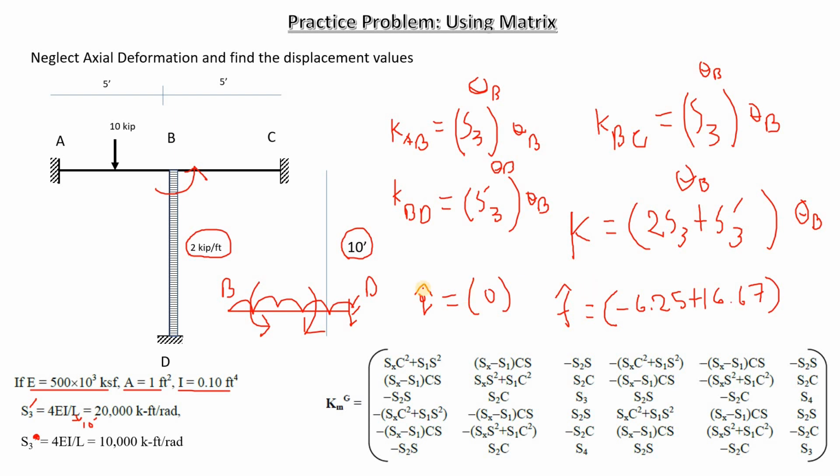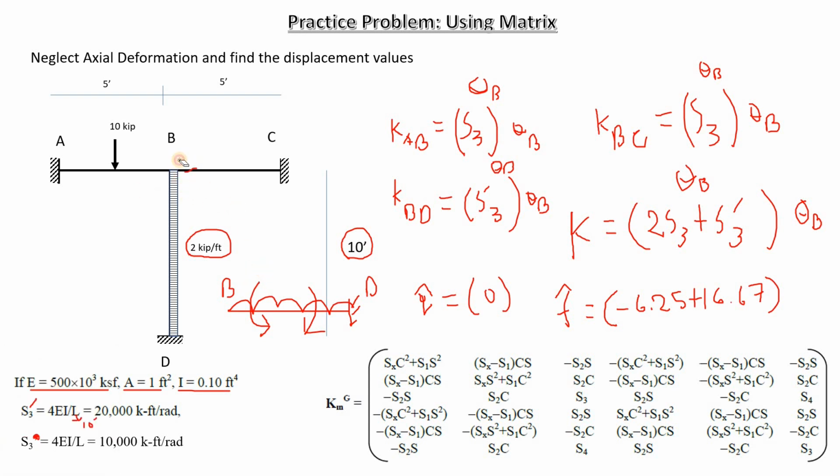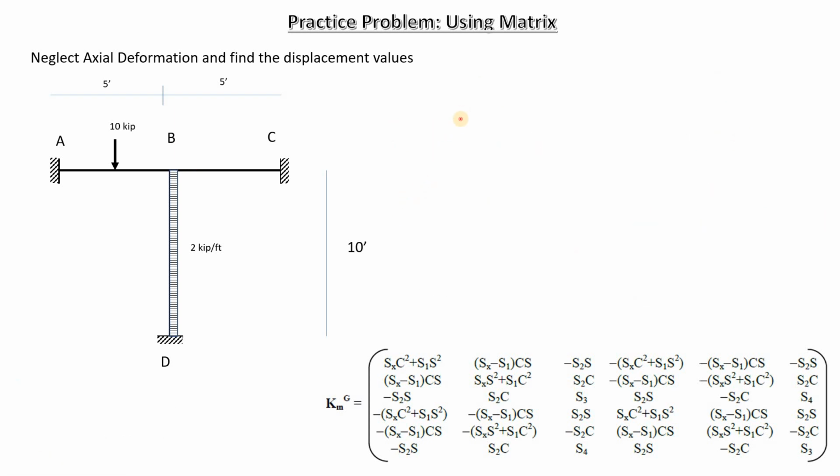So we got the K value, we got the Q value, we got the F value, right? So we can easily determine the deflection right now. Now to determine the deflection value, what we need to do is KU equals Q minus F, which you can easily do here.